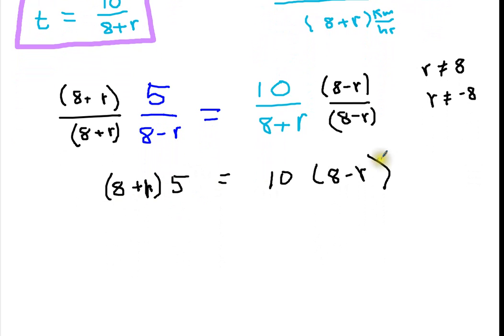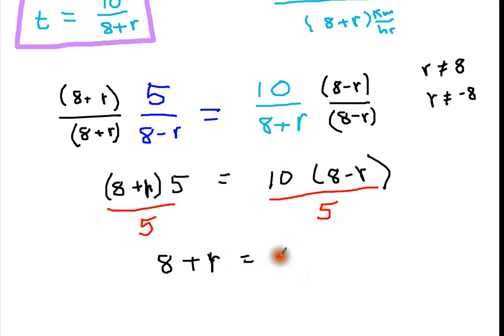And so now I just need to solve this for r. And I'm going to do it first by dividing both sides by 5. You could distribute, but I think it's easier if we divide by 5. And so we have on the left side 8 plus r. And on the right side, 10 divided by 5 is 2 times 8 minus r.